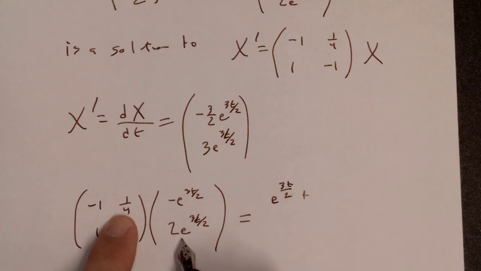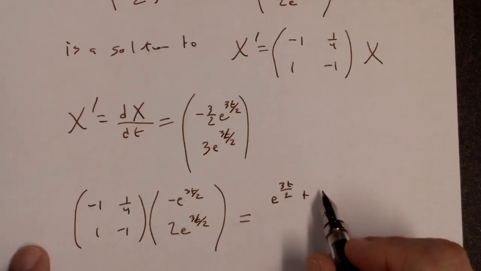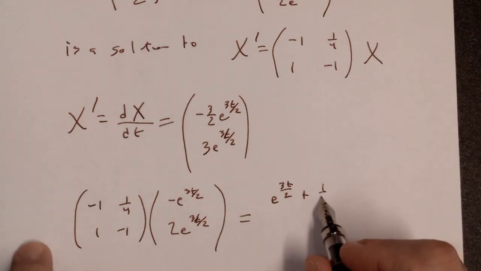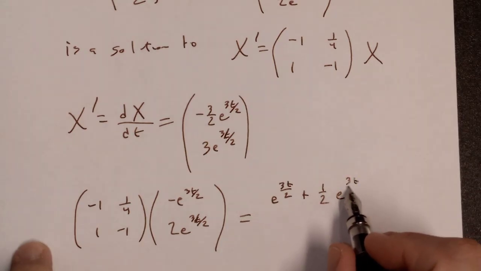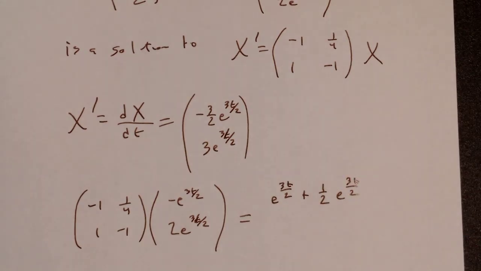What do I get here? Oh, no wonder I have a problem. I screwed up. Because that's not going to work, is it? What do I get when I add those together? I get 3/2. What should I be getting? I should be getting a -3/2. Yeah, hang on a second.